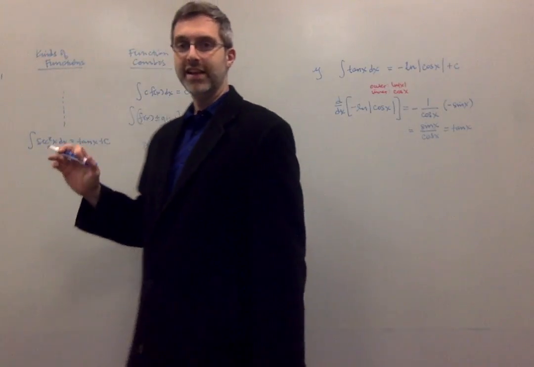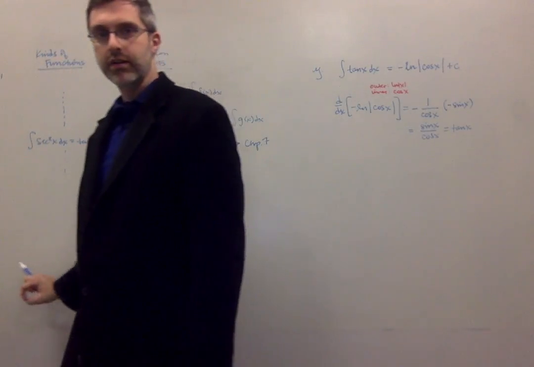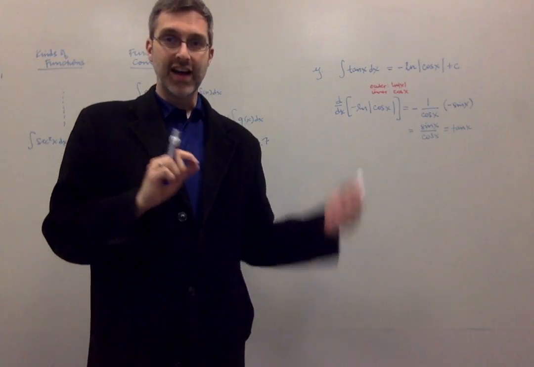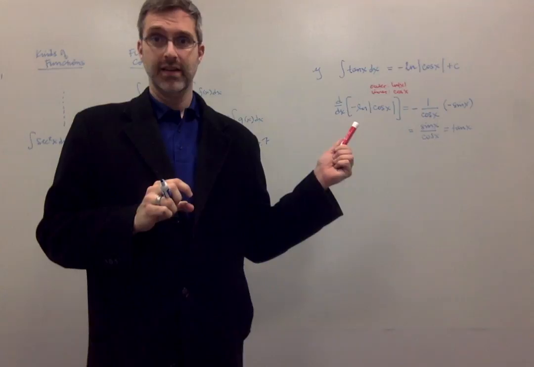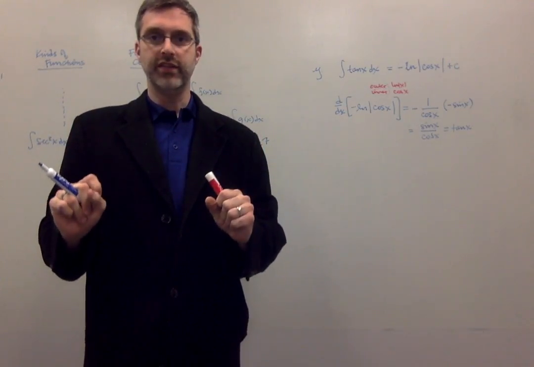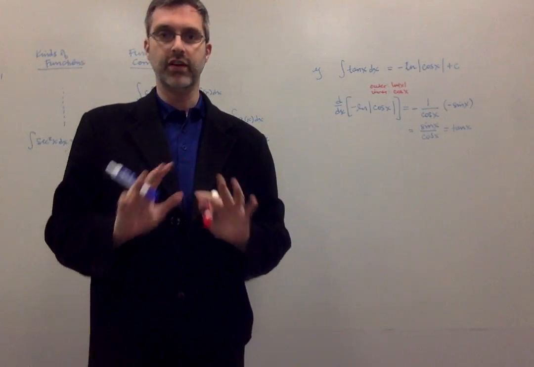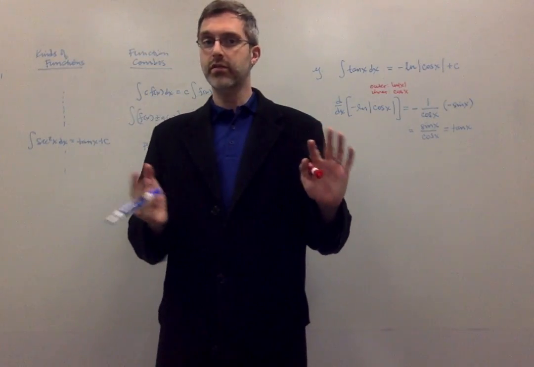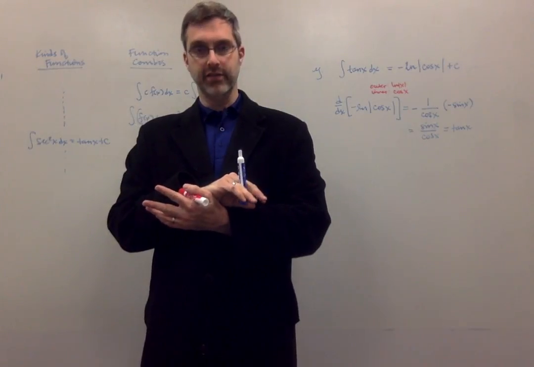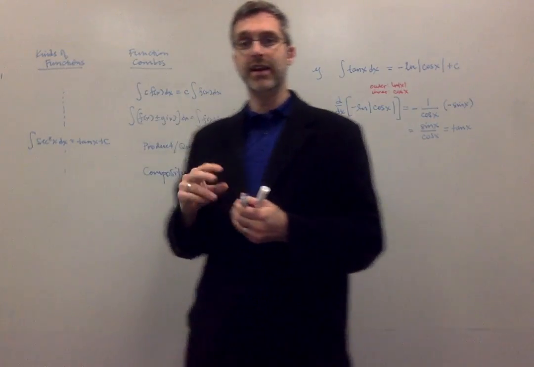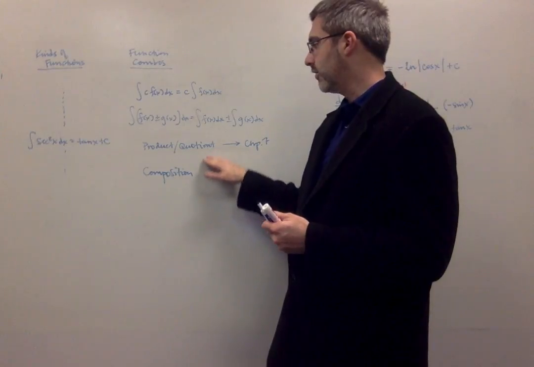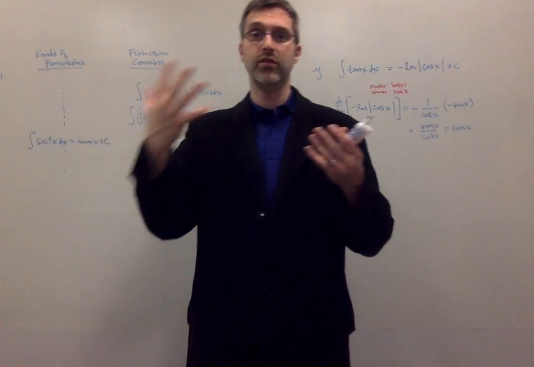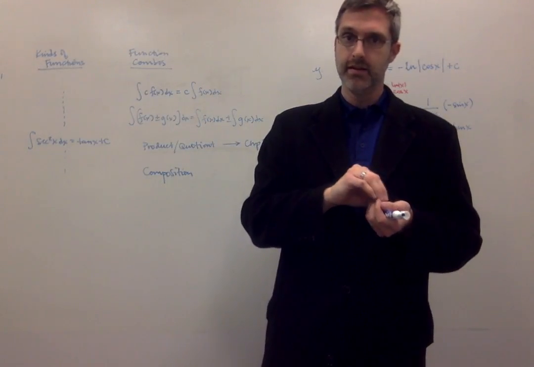But because tangent isn't in my list here, I have to figure out a creative way to find that answer. It's not like I just have a rule for all of these functions, a rule for tangent and a rule for all these things. We have those rules for derivatives, but we don't have all of those rules for antiderivatives. In part because we don't know how to combine things that we do know how to antidifferentiate in order to get more complicated things that we know how to antidifferentiate.